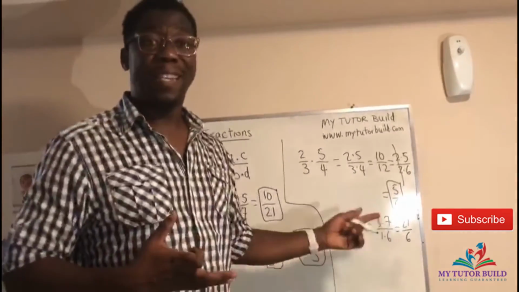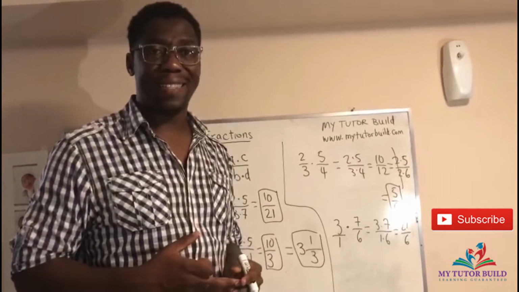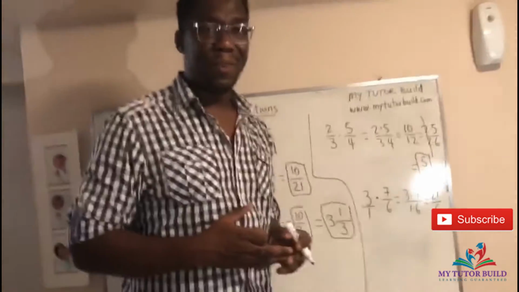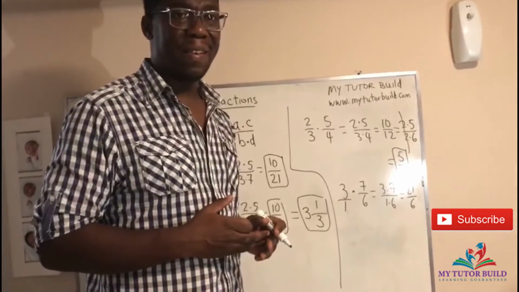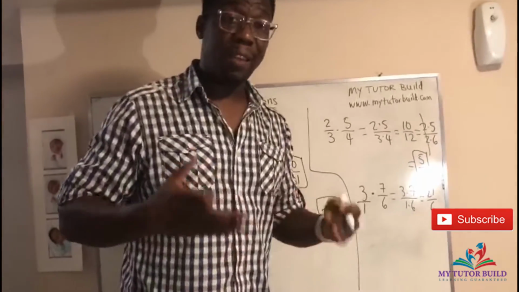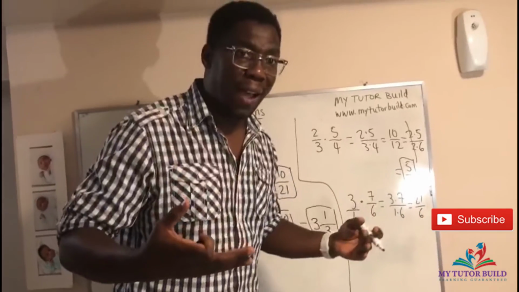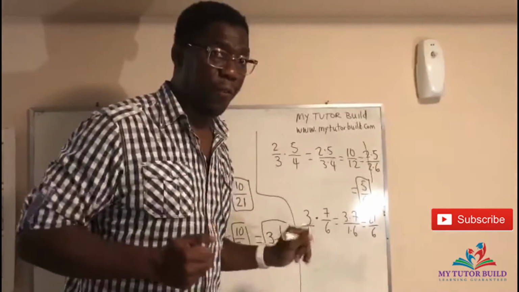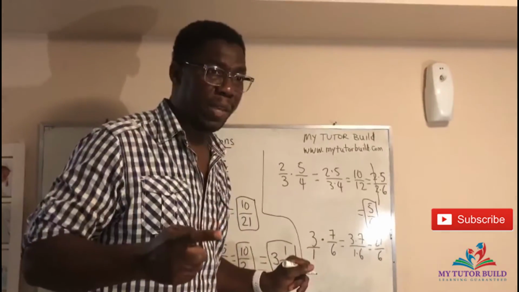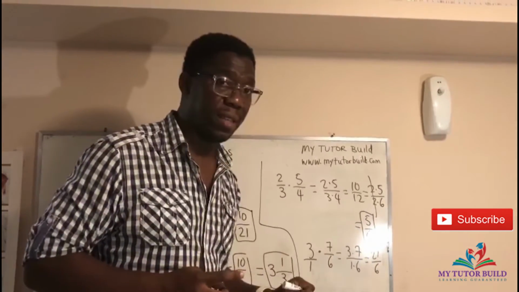Are we done with 21 over 6? No. What can we do? We can turn it into a mixed number, or we can simplify. Because 21 and 6 have a common factor, what is the common factor between 21 and 6?